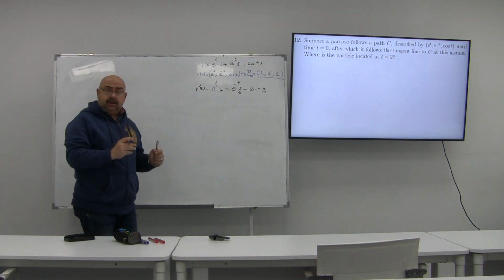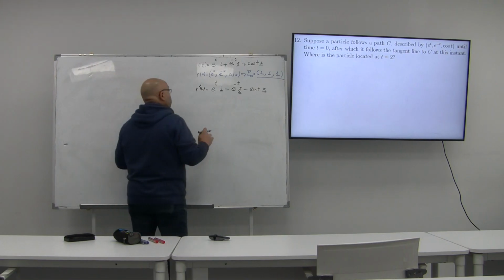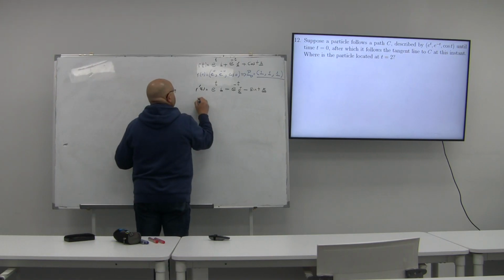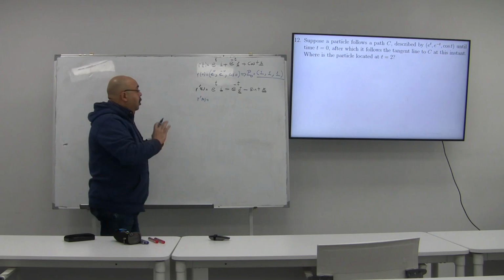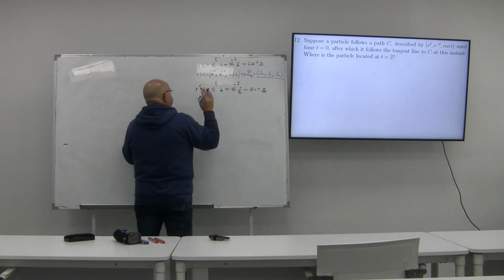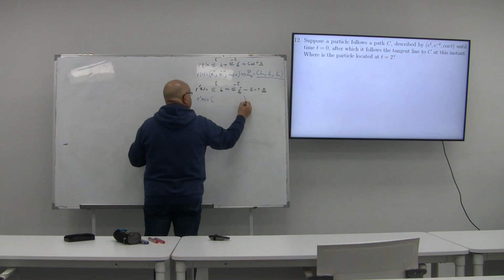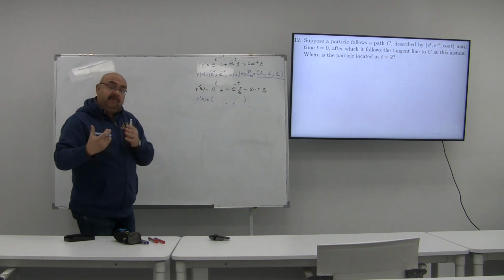Now for the direction of the tangent at this point, which means if I want to have r dash at 0, all we have to do is substitute in this function exactly the same way as we did before, but in this case we will get the vector of this tangent.